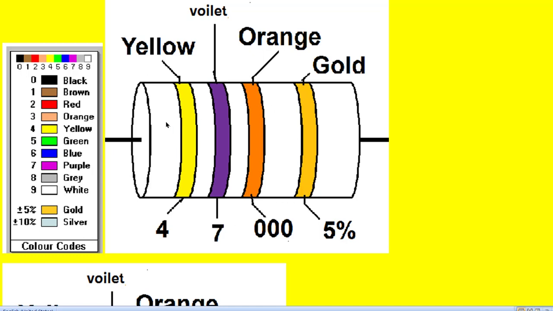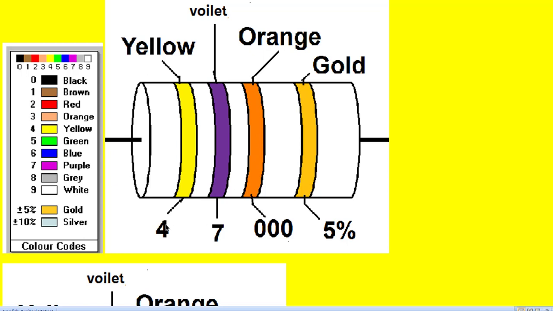And this is a 4-band resistor. The third band color indicates the number of zeros that are to be put after the first two band digits. This is the orange color, and the orange color number is 3.